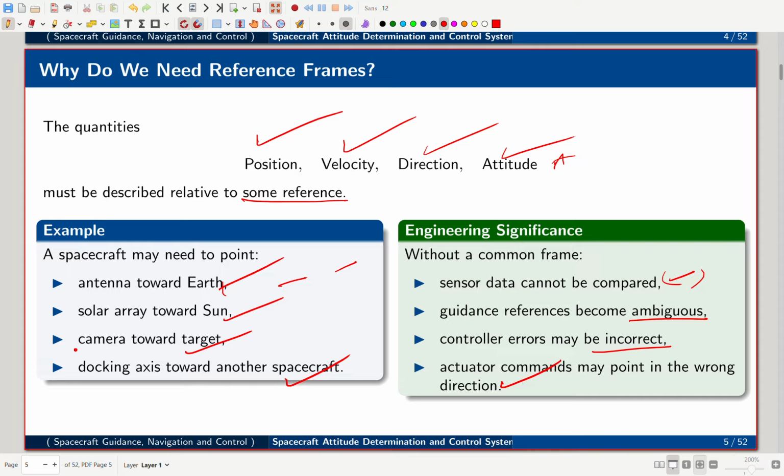So that's the necessity, the urgency of a common frame. You will be able to make a common frame once we understand all the frames required for various purposes, various subsystems to be implemented.